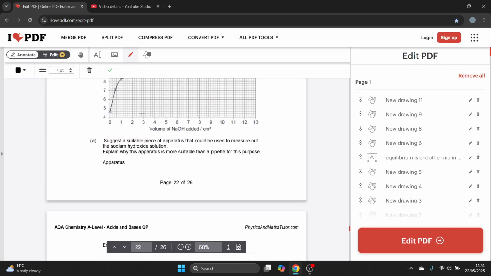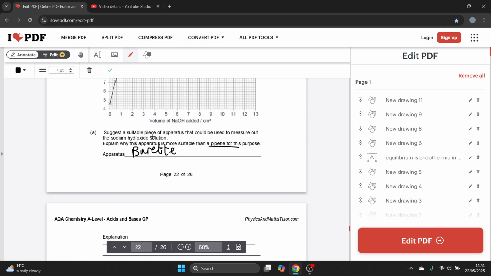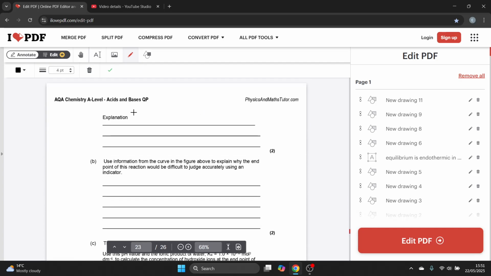Suggest a suitable piece of apparatus to measure out sodium hydroxide solution. Burette. And the reason you know this is it literally says then explain why this is more suitable than a pipette. So you obviously know it's a burette, but the reasoning is where most students would probably muck up. Why?